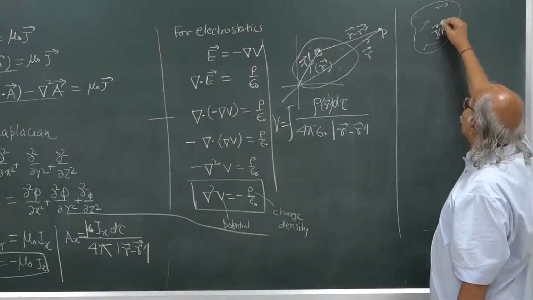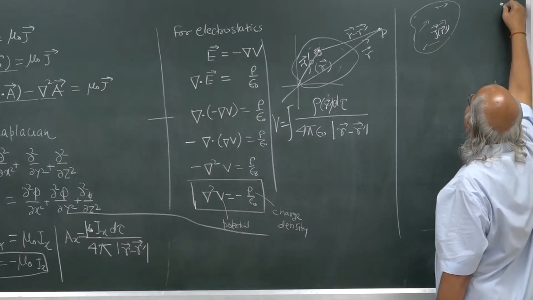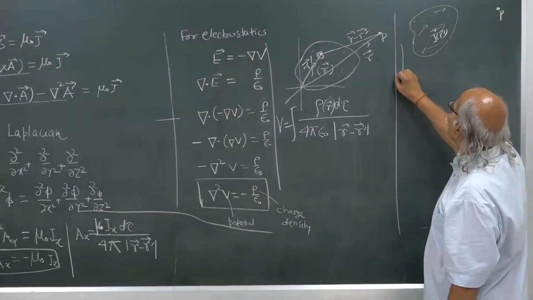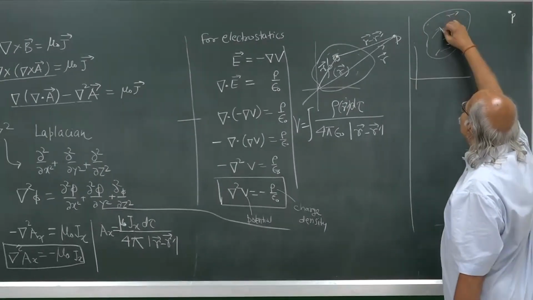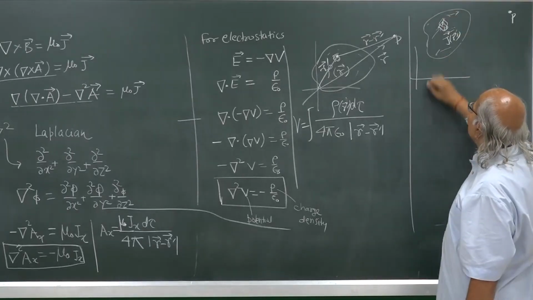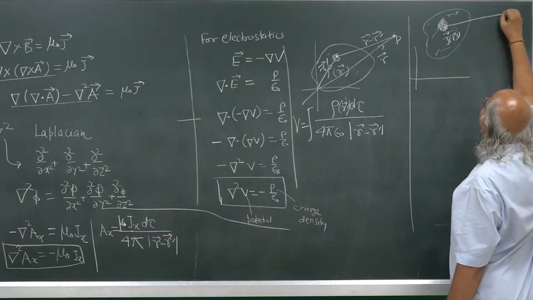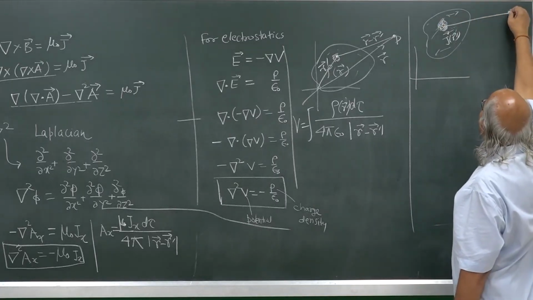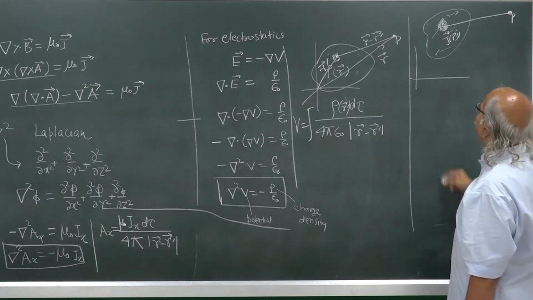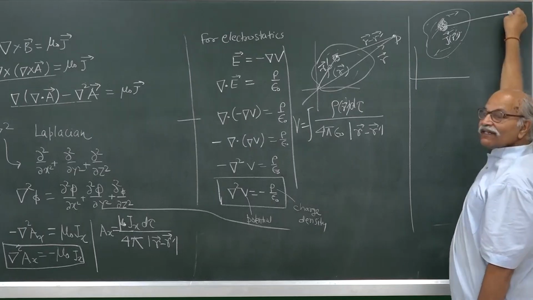Because of this current distribution, we are trying to write the vector potential here at P. We take some volume element and see how much current is there. So, for that current element J d tau, what is the vector potential A x there, and then you integrate over the entire thing and get the total vector potential.